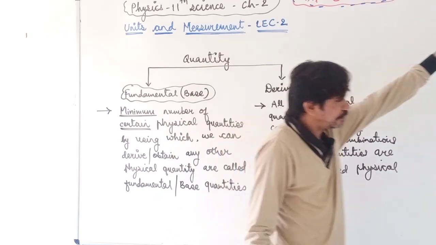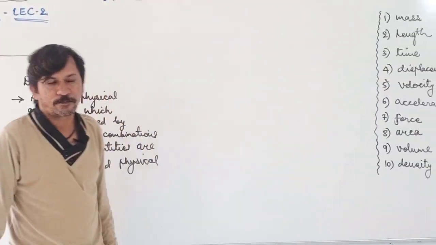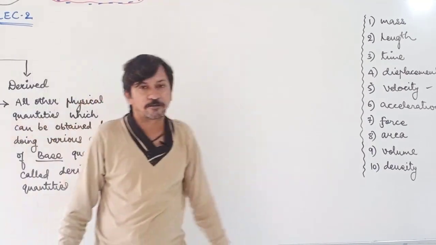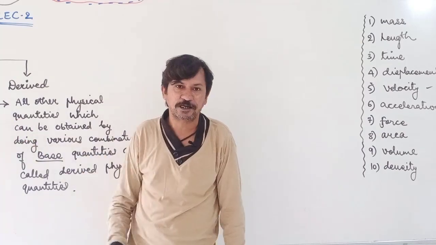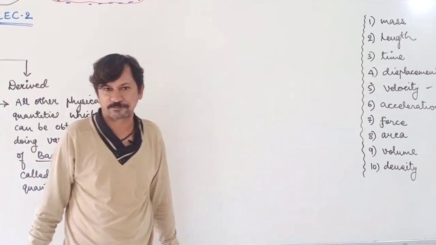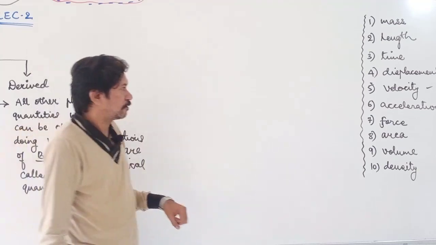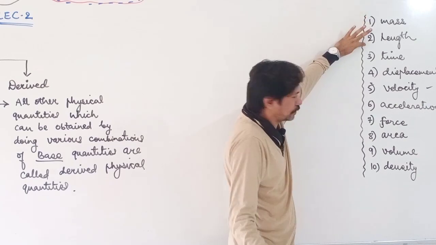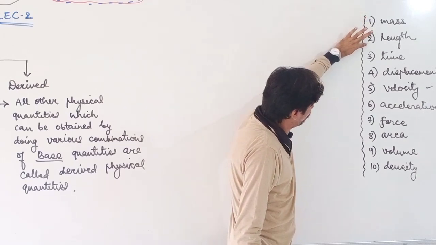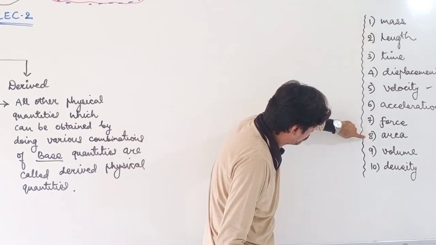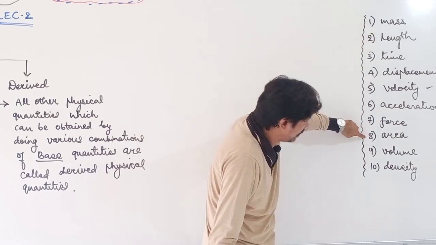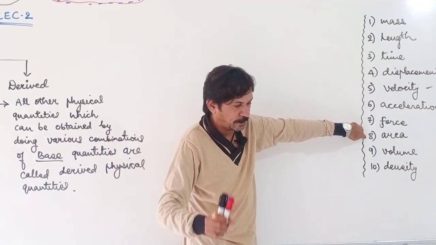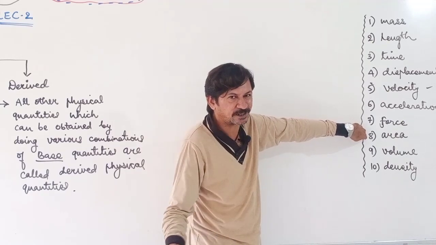Now look at this. We can classify our quantities which we have taken as examples. These quantities can be classified here into fundamental and derived. You can do it for yourself. Yet I'll explain for 1 or 2 quantities. Take length. Think about the difference between length and area. We know that in area there is length, there is breadth. Actually breadth is also known as length.